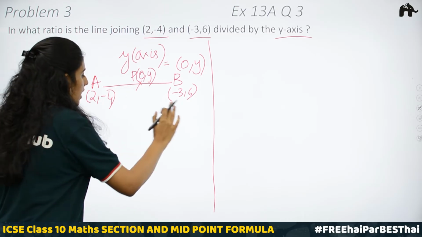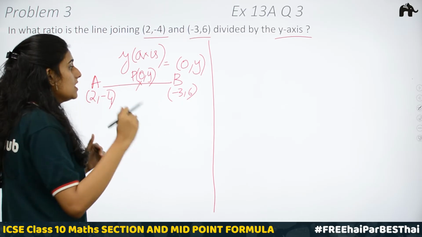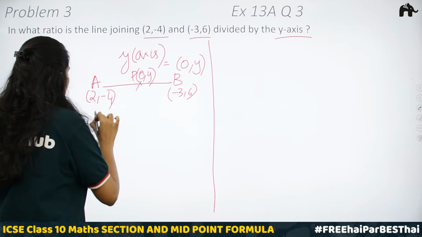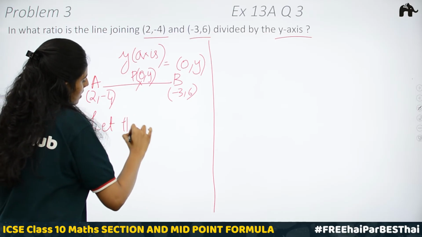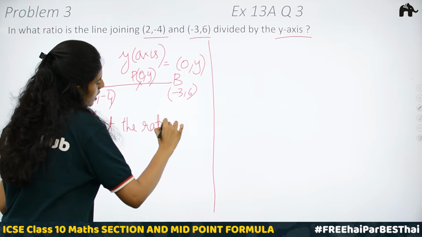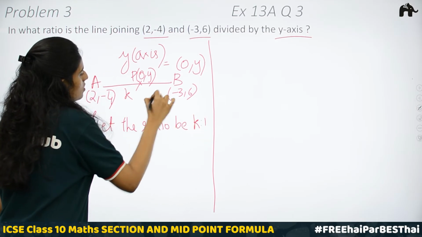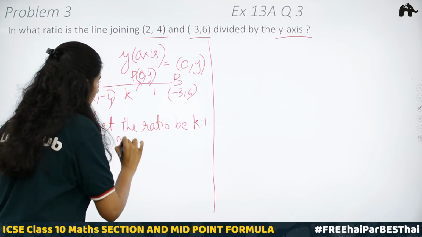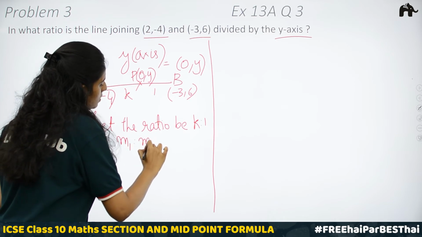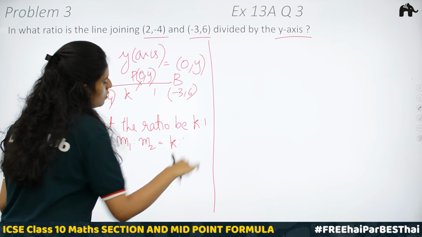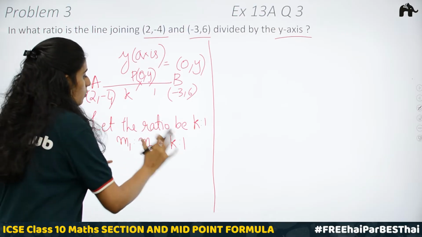Now we don't know the ratio. Same procedure that we have done in the previous question. Let the ratio be k is to 1. K is to 1, which means M1 is to M2 is equal to k is to 1.